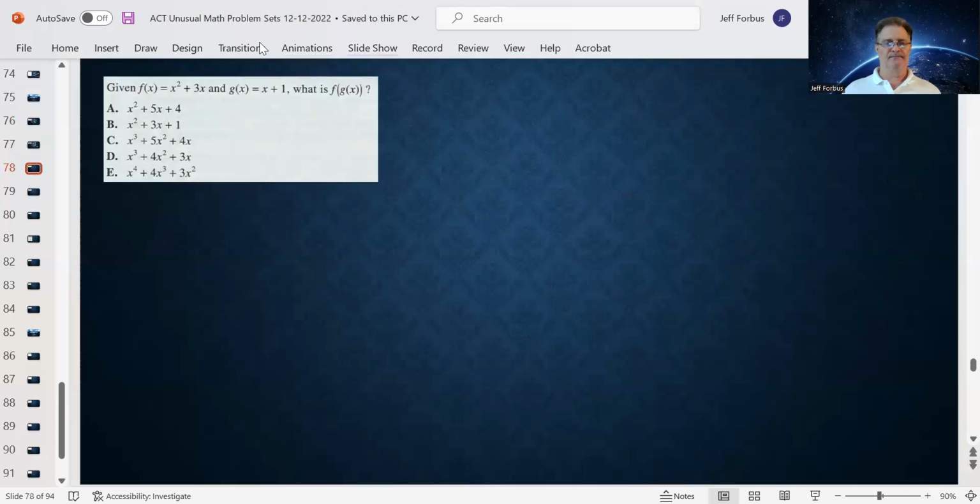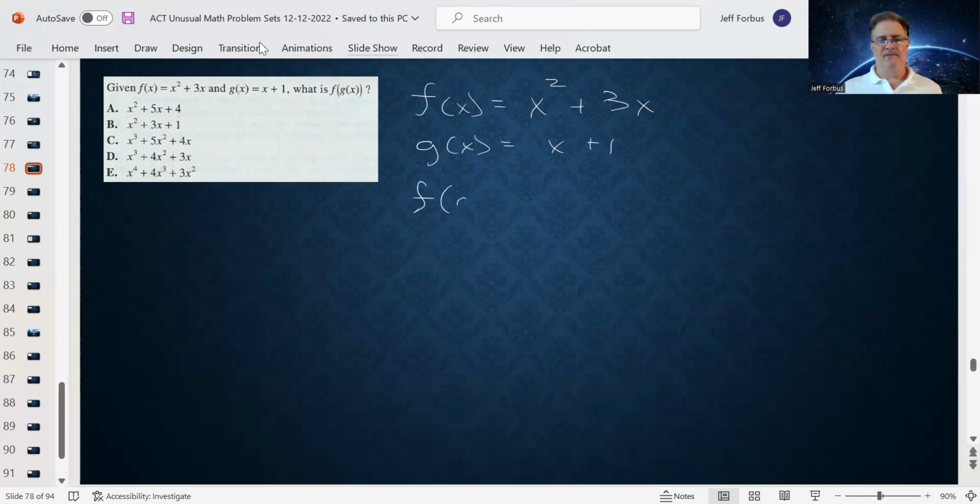Okay, so now we have functions. This is asking us, what is f of g of x? Well, you know f of x is equal to x squared plus 3x, and you know g of x is equal to x plus 1. All right, f of g of x.